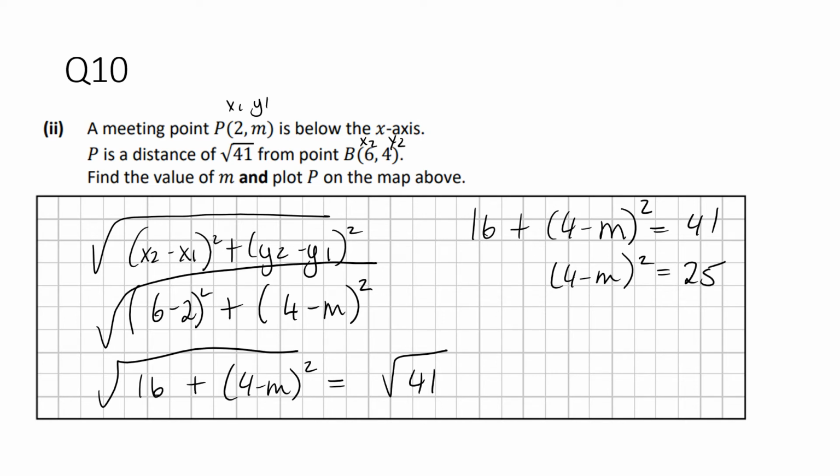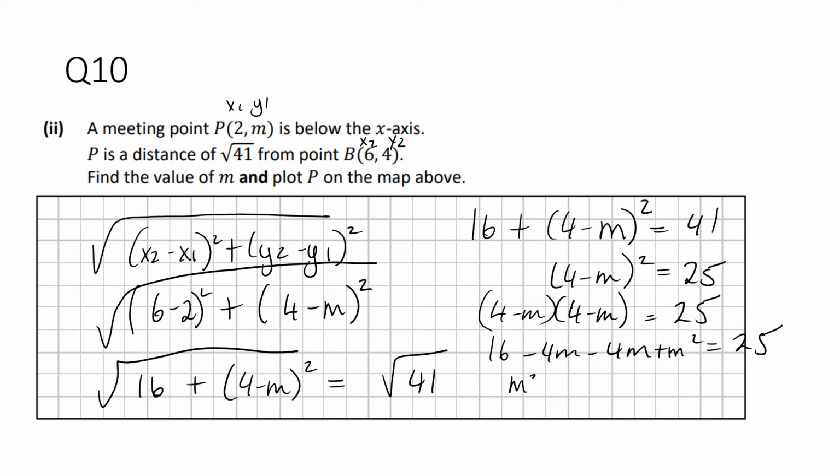Then you can expand your bracket here, so 4 minus m by 4 minus m, and that would give you 16 minus 4m minus 4m plus m squared equals 25.